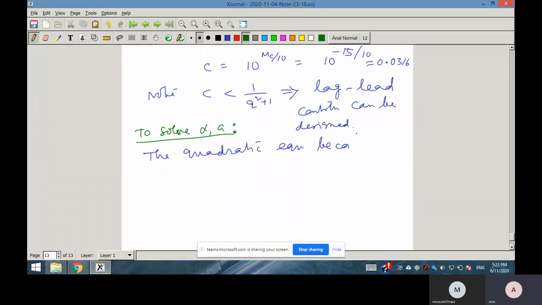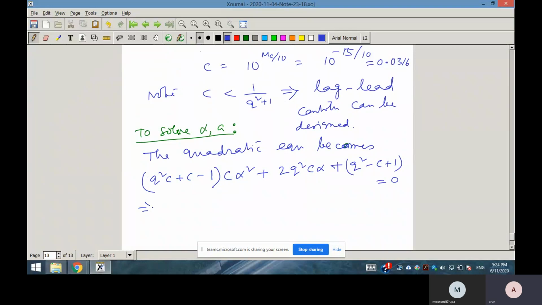So the quadratic equation becomes q square c plus c minus 1 into c alpha square plus 2 q square c into alpha plus q square minus c plus 1, this is equal to 0.